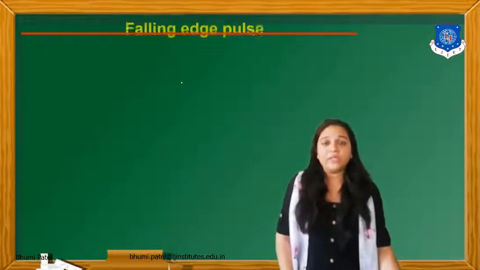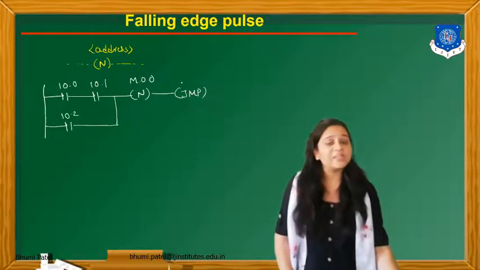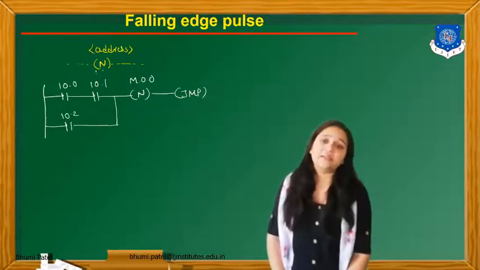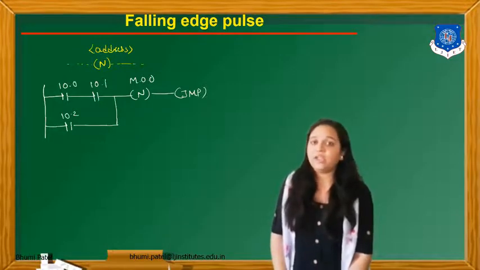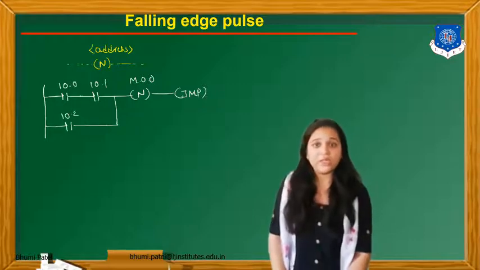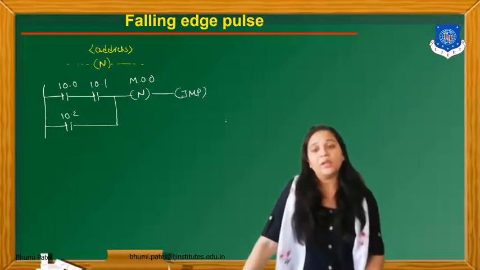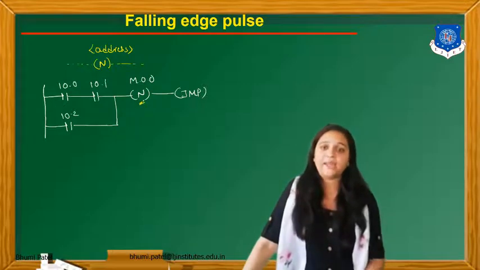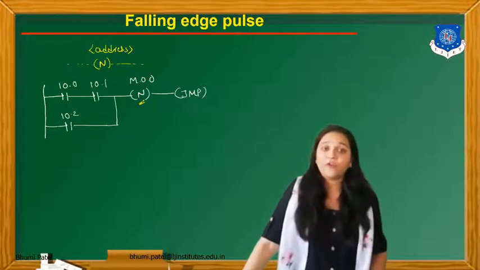Now same thing for the falling edge pulse. The falling edge pulse is written as N, and above the N we can write the address. So here the logic diagram is same, but we write N instead of P. So what is the basic fundamental of the falling edge pulse?